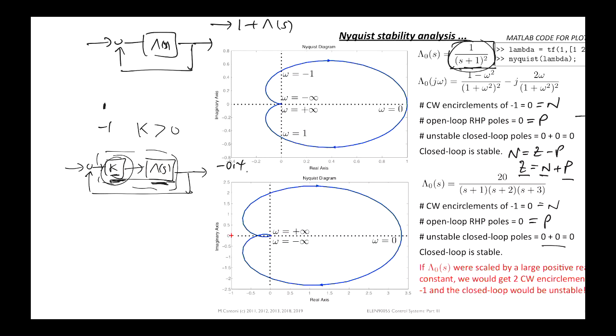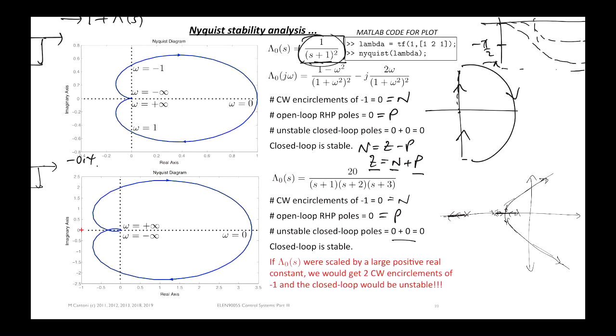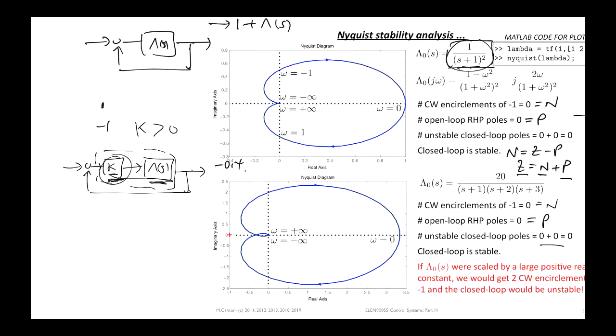Remember that this is just a polar plot of lambda, right? Real and imaginary parts as we evaluate lambda along this contour, right? So if we're now going to evaluate k times lambda, each point here, which is just a little vector, has a real and imaginary part. There's the real part, there's the imaginary part.